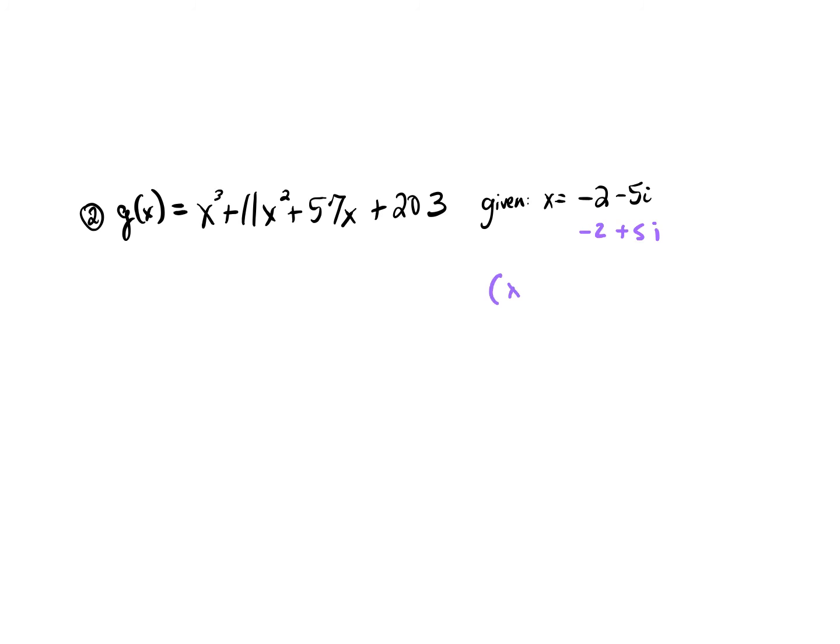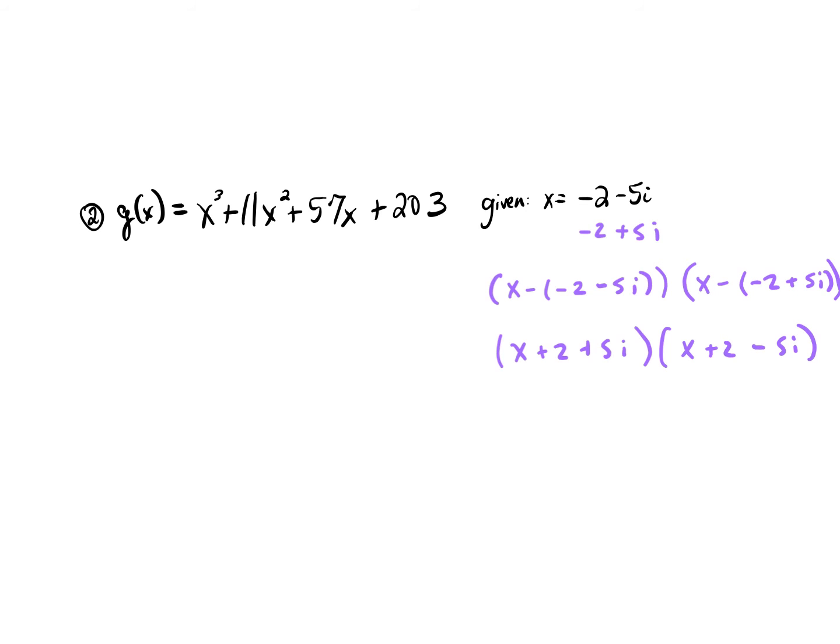So that would mean in our linear factorization we have x minus negative 2 minus 5i as one of our factors, and x minus negative 2 plus 5i as a factor. So if I distribute the negative, this would be x plus 2 plus 5i and x plus 2 minus 5i.